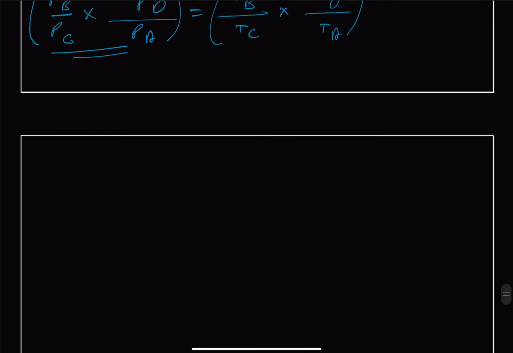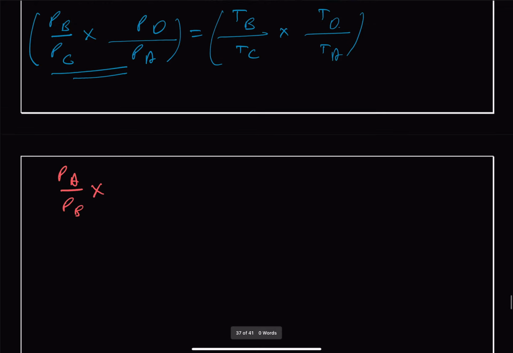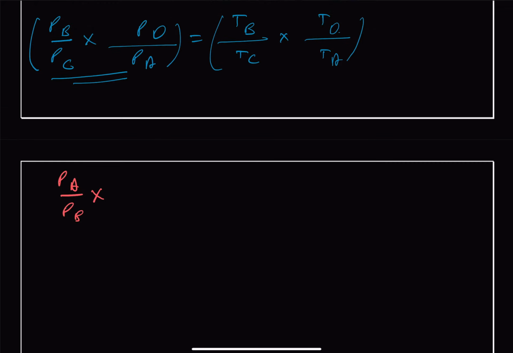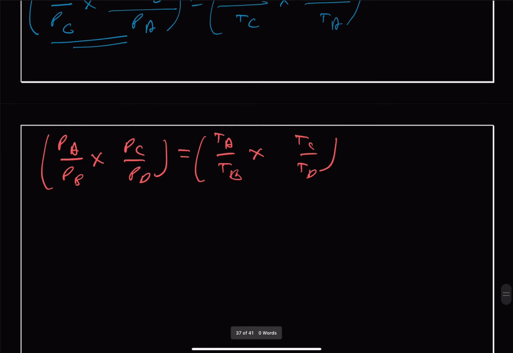I'm going to write this as PA upon PB multiplied by PC upon PD is equal to TA upon TB and TC upon TD, with gamma minus 1 as the power.